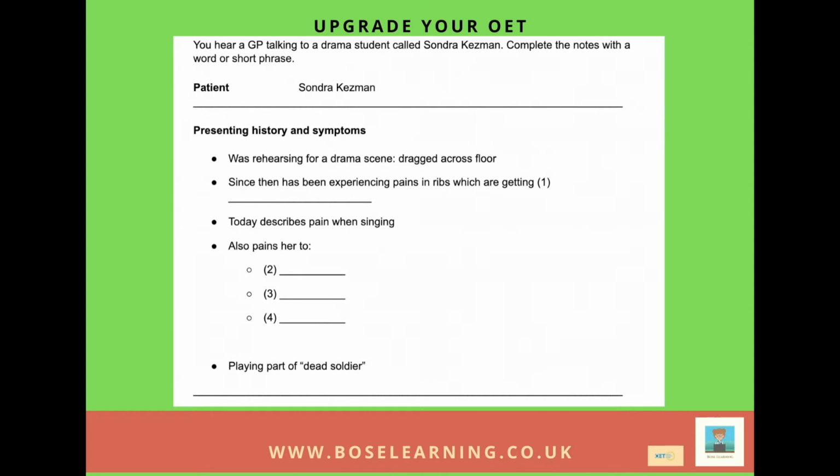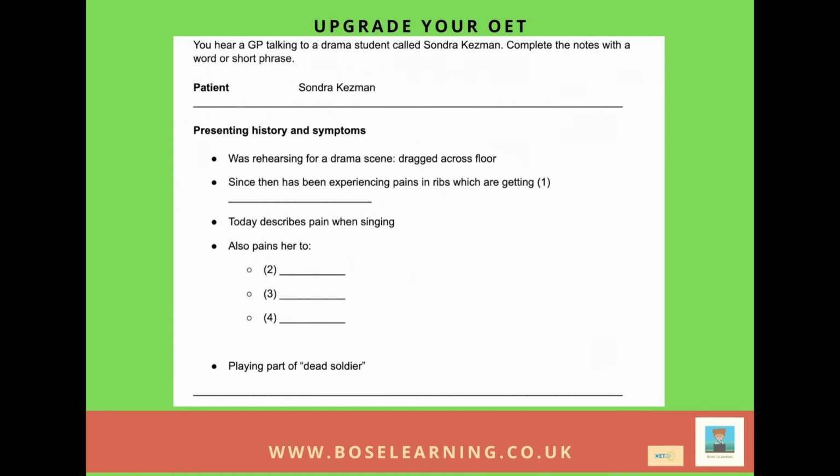Remember, in the actual listening, you're going to be presented with notes. So get used to that note-taking format, which means that you're not going to get full sentences, but note-taking grammar instead. Then we have the next bit of signposting. Today, she describes pain when singing and also 1, 2, 3 more blanks here.